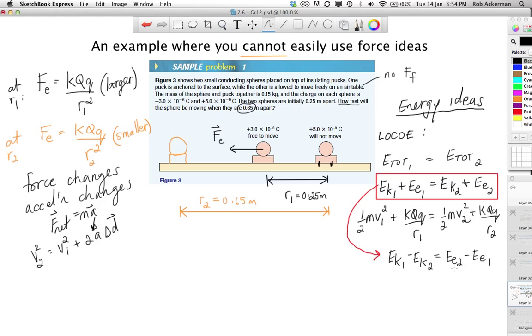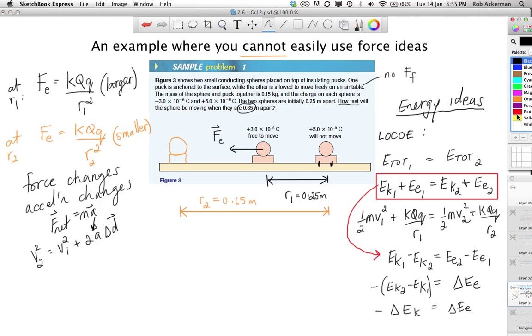Every math student should see what's going on here. It's a final value minus an initial value. That's a delta EE. What do we have here? This is an initial minus a final, which is actually the negative of EK2 minus EK1. I'm just doing a little bit of math there because I want you to see that this is the negative of a final minus initial, delta EK.